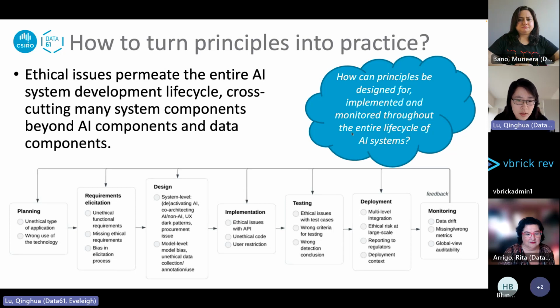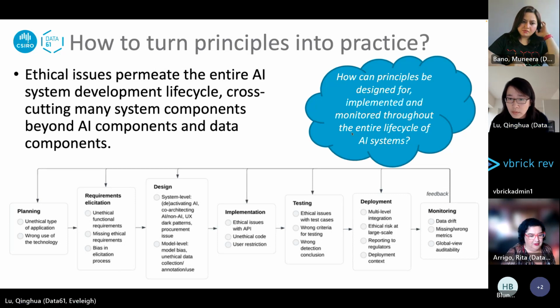Here I put a figure to show some example risks which could happen at different phases of the lifecycle. For example, in the planning stage, there could be unethical applications. When you collect the requirements, the functional requirements could be unethical. When you design the user interface for your AI applications, dark patterns could be included in your interface. And there could also be ethical issues with your test cases.